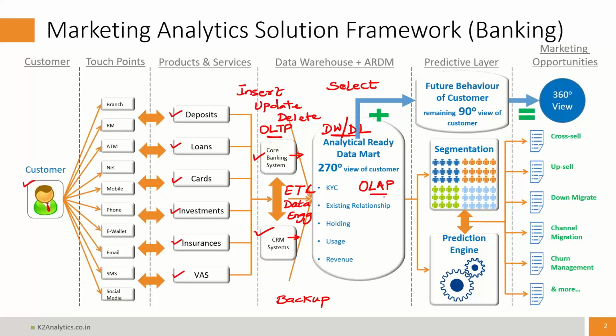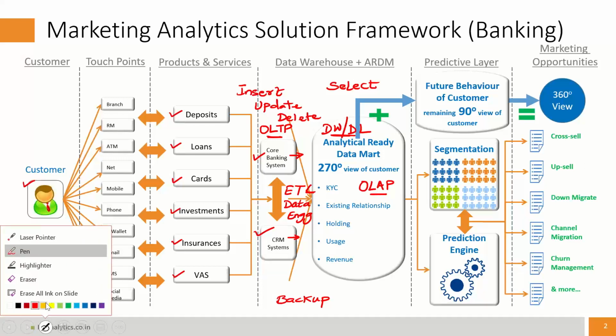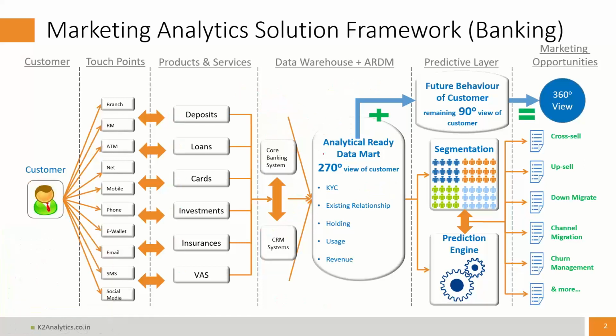I'm not going to get into OLAP design and OLTP design in this part of the session. For OLTP and OLAP, you may have to watch my other recorded videos. Okay. However, let's move forward. One of the things that the warehouse does is give you a 360-degree perspective of the customer.